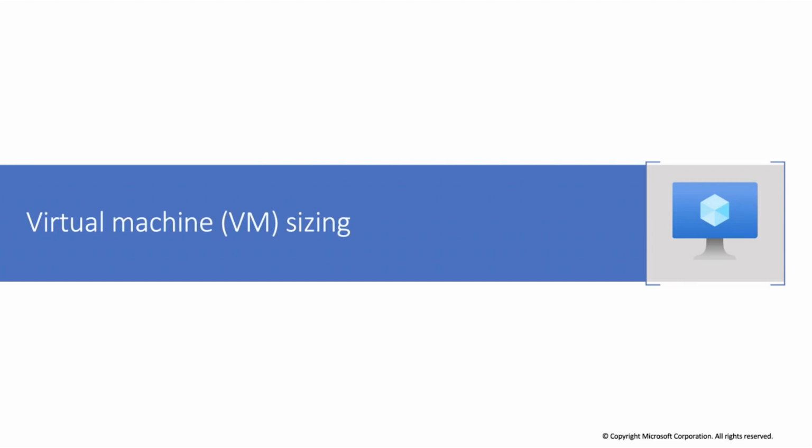No. Any size of the VM? No. Why? Because each and every product has its own benchmark and some best practices. Each and every workload has some minimum set of requirements which should be fulfilled.